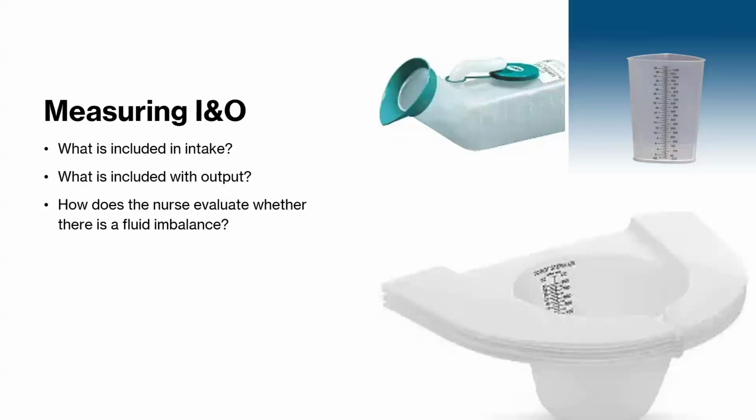Record totals for each shift, and then you're going to enter a 24-hour total on ins and outs. And then we're going to be evaluating that and looking, are we in balance? Are we in a deficit? Are we giving them too much? Are they in excess, or are they again in a loss? And again, looking at daily weight, skin turgor at the sternum, presence of edema, and their vital signs.